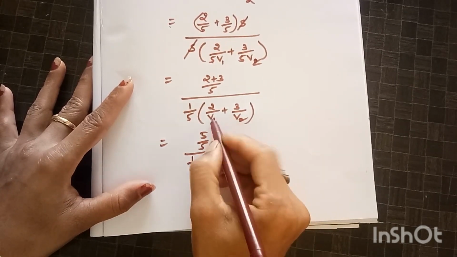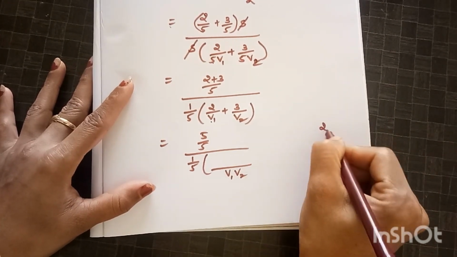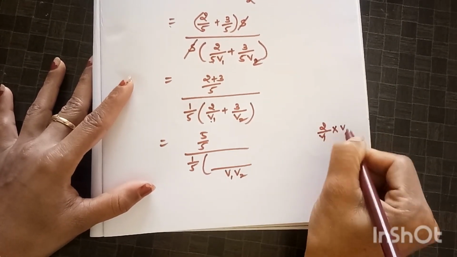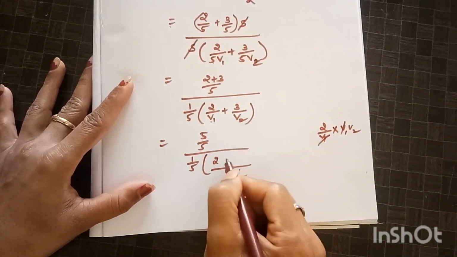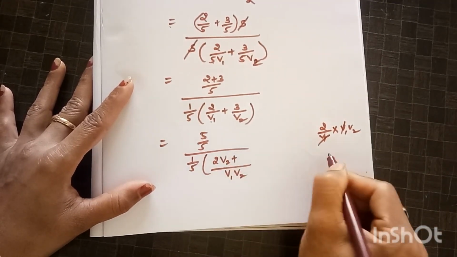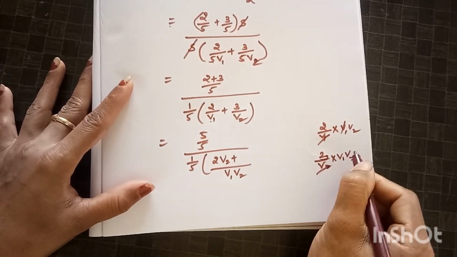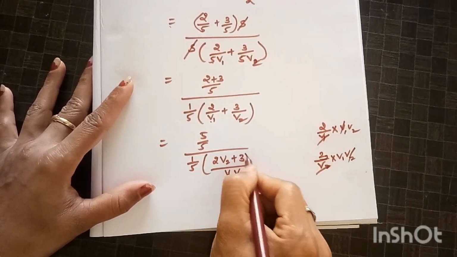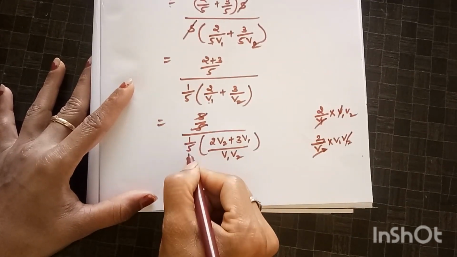What will be the LCM here? v1 v2. So 2/v1 into v1 v2 gives 2v2, plus 3/v2 into v1 v2 gives 3v1. The 5s will be cancelled. Make the reciprocal of this 1/5 term.